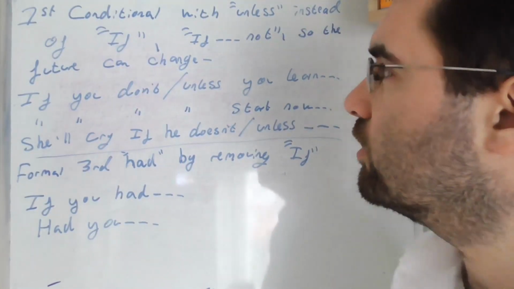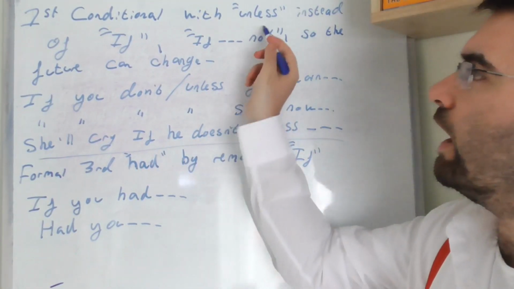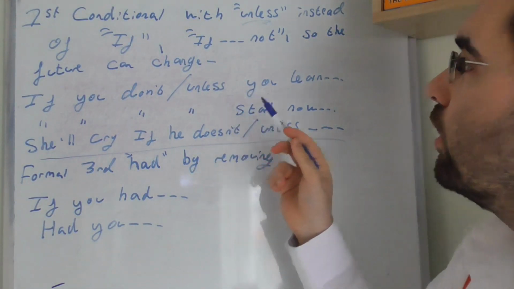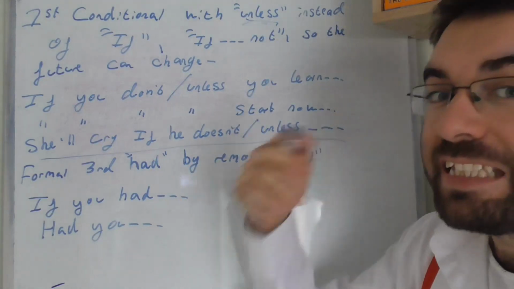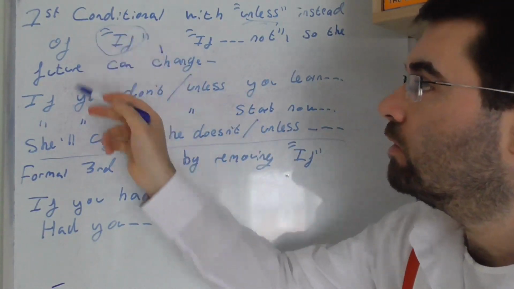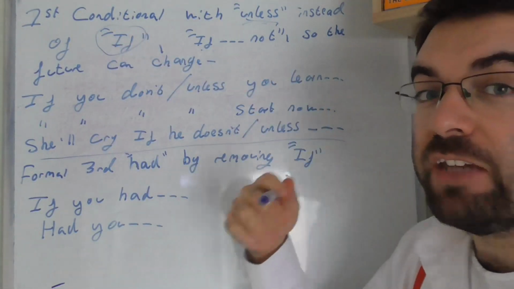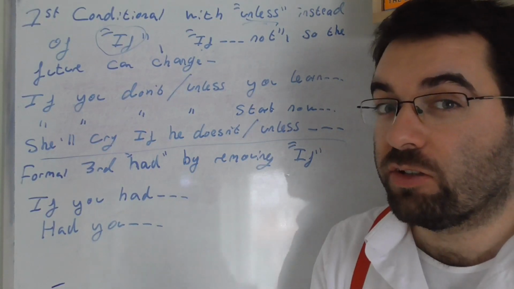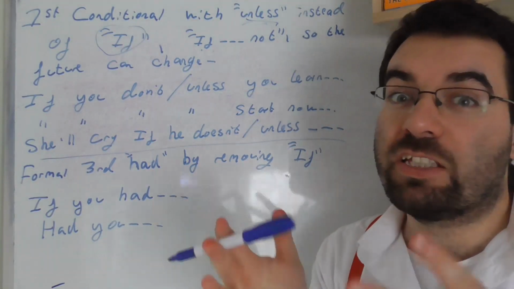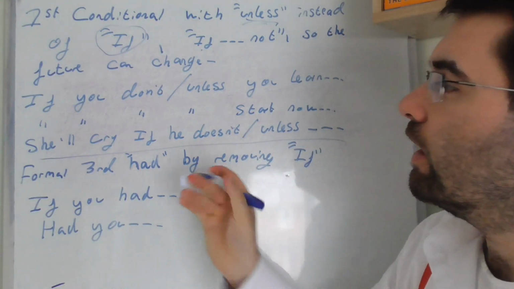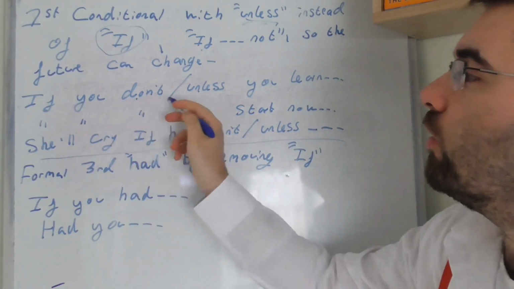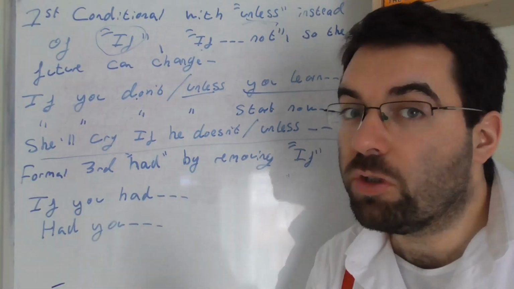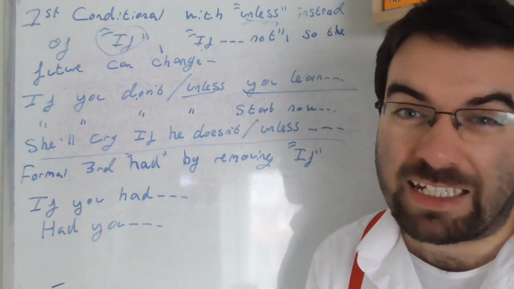Okay, so let's look at these two then. Let's look at this unless and using it with if. In the first conditional, we can use unless instead of if, to create like an if not kind of scenario. So the future can be changed if or unless something changes. So if you don't learn Chinese, you can't go to China.